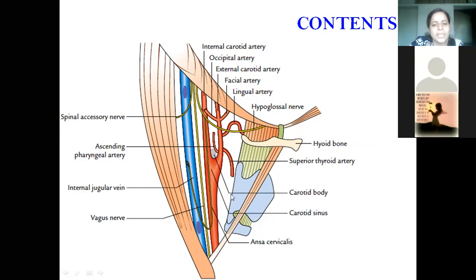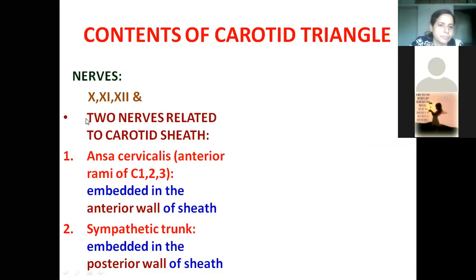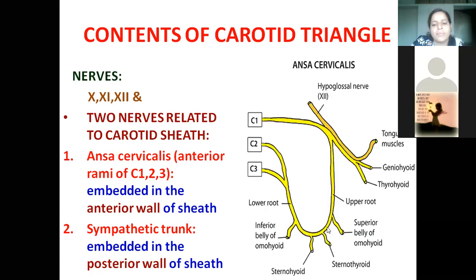So these are the nerves we see in the carotid triangle: 10th, 11th, and 12th cranial nerves, and 2 nerves related to the carotid sheath. Ansa cervicalis, that is the necklace, embedded in the anterior wall of the carotid sheath, and the sympathetic trunk embedded in the posterior wall of the carotid sheath.